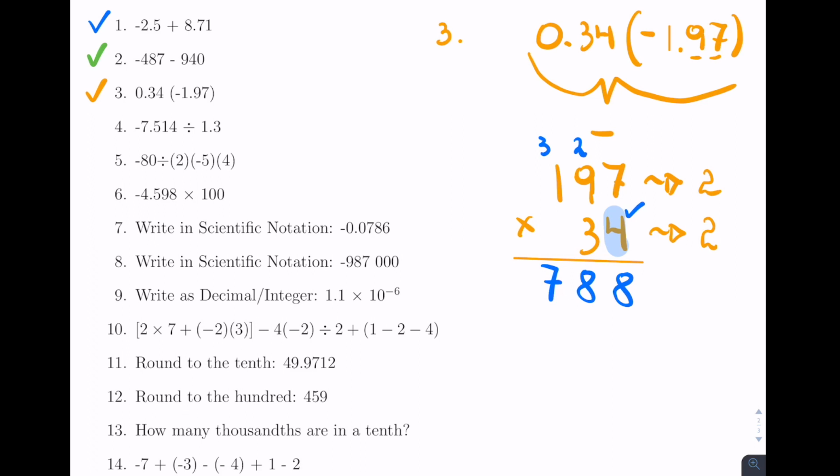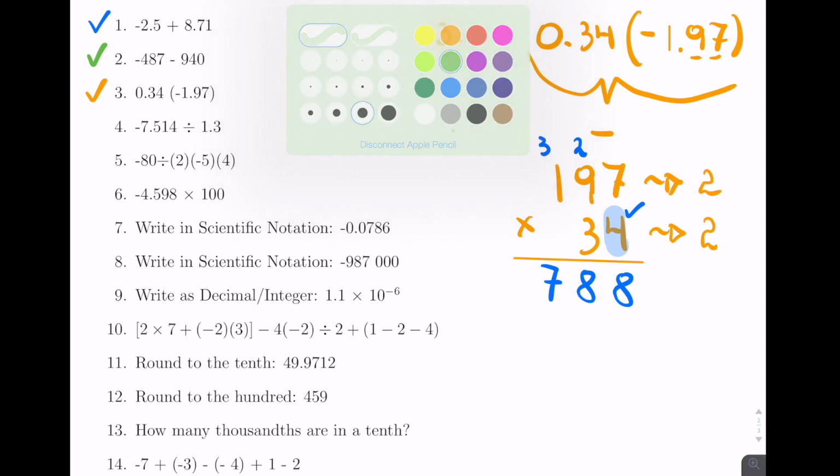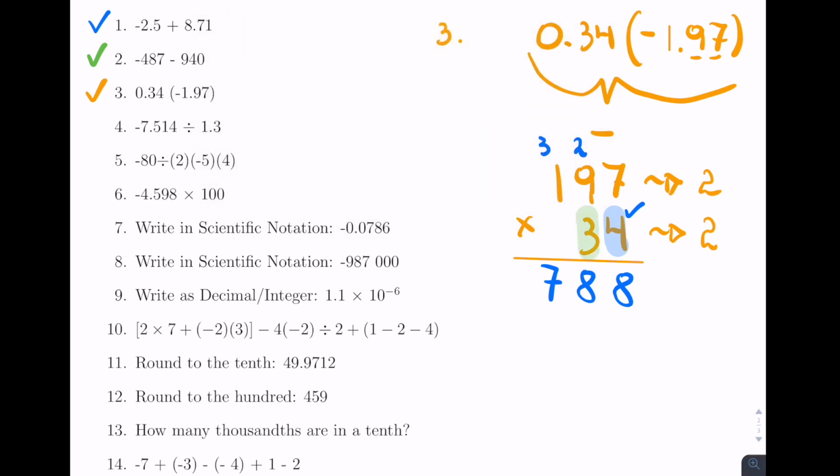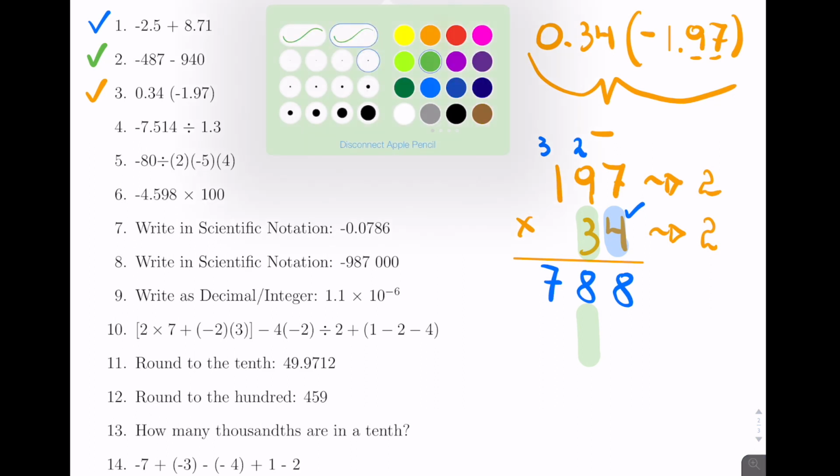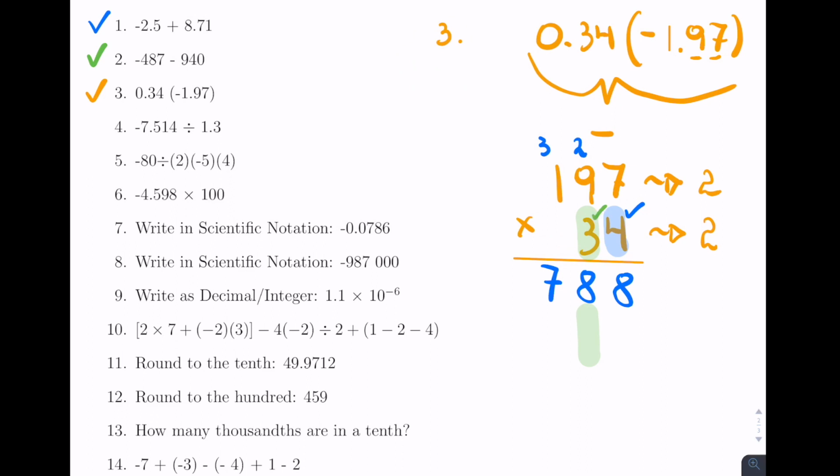Now next, I will move over to the 3. Notice the 3 is in the tens spot, which means I will continue. 3 times 7 is 21, so carry my 2. 3 times 9 is 27, plus 2, 29, carry the 2. 3 times 1 plus 2, that's 5.